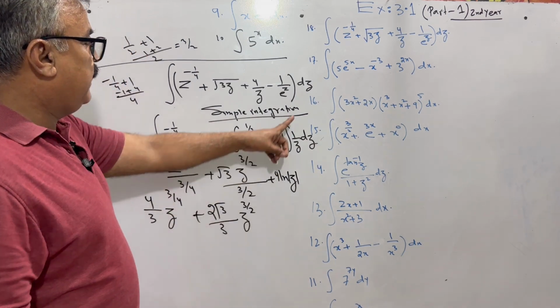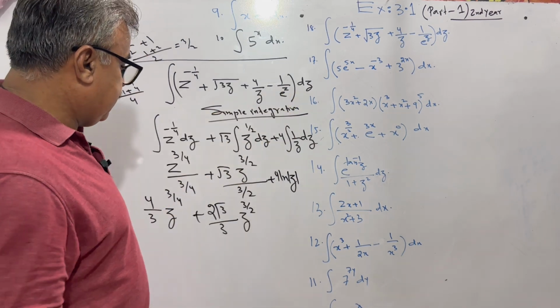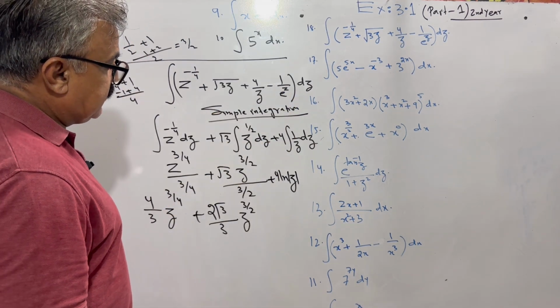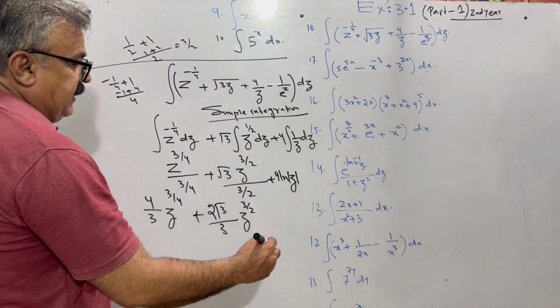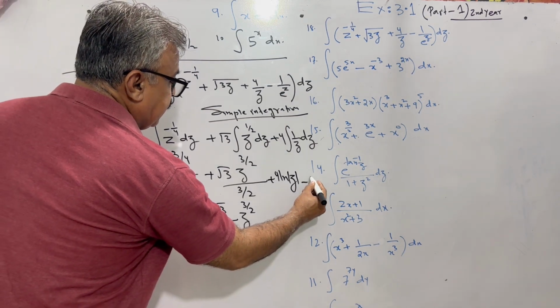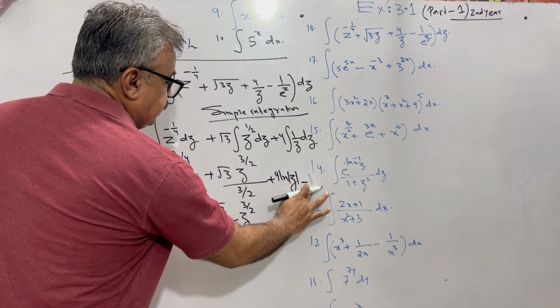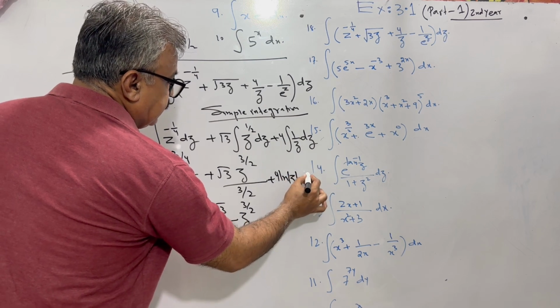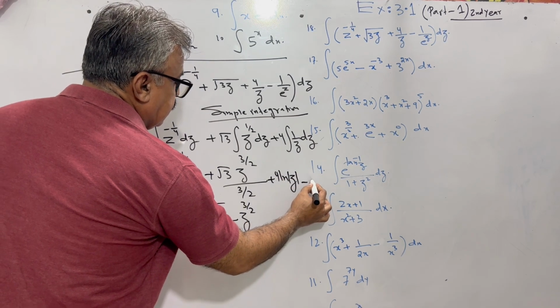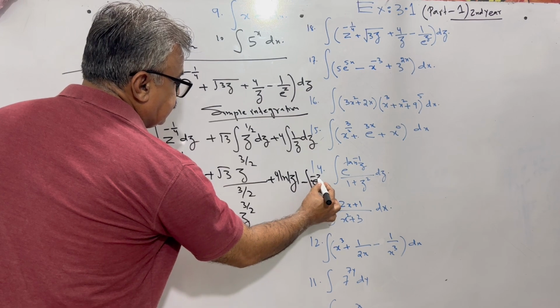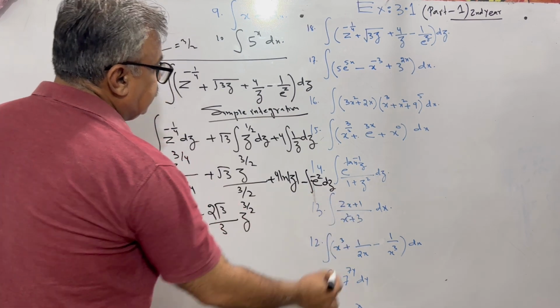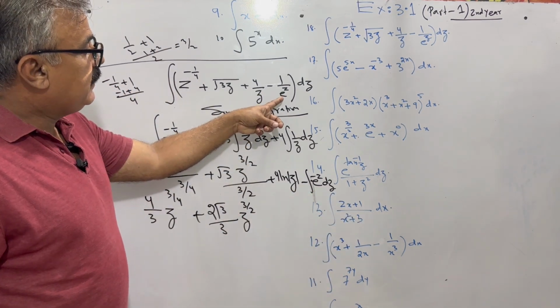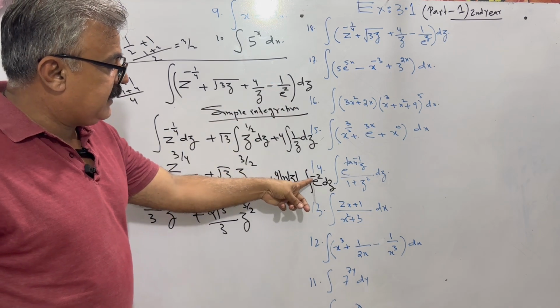Here, minus 1 over e^z can be written as minus e raised minus z dz. I have switched from denominator to numerator, taking e power minus z.